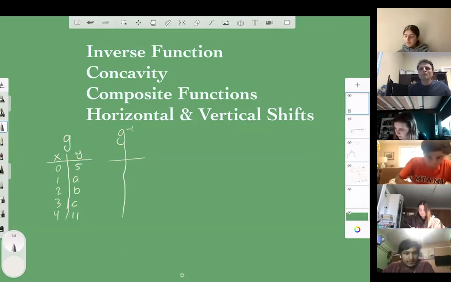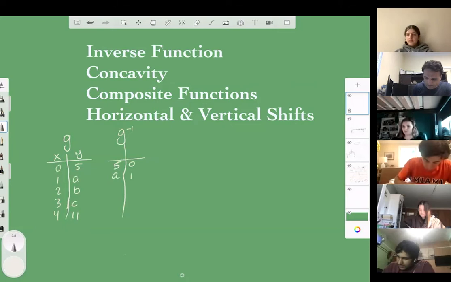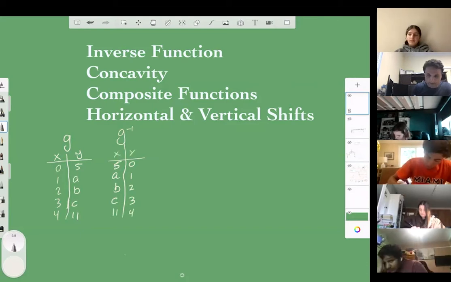You switch the x and y values. That means 5 goes to 0, A goes to 1, B goes to 2, C goes to 3, 11 goes to 4. I can put x and y as well.